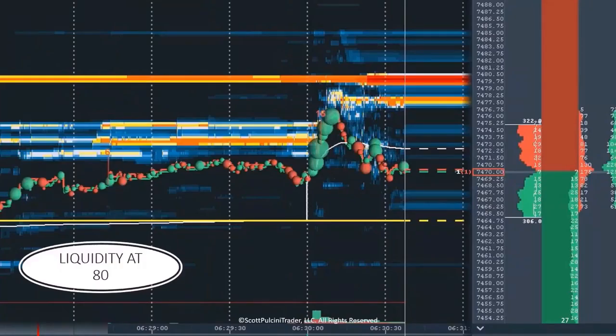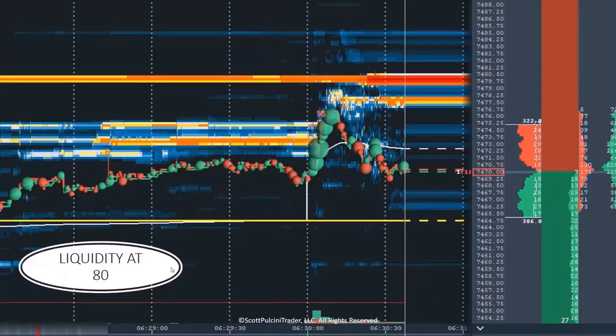Here another example at the long-term liquidity sitting at 80. You know, oftentimes you wanna front run it a little bit, but it's very likely that the price will come up and test it at some point. But you'll see those patterns and those levels reoccurring every day, it doesn't matter which price it is.